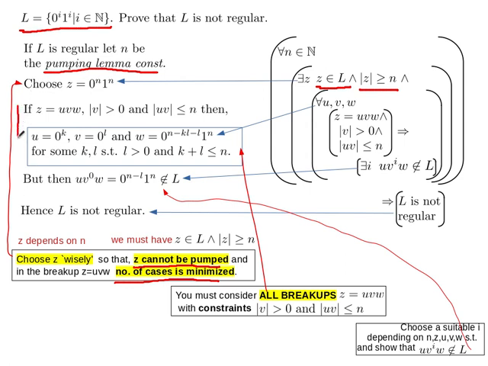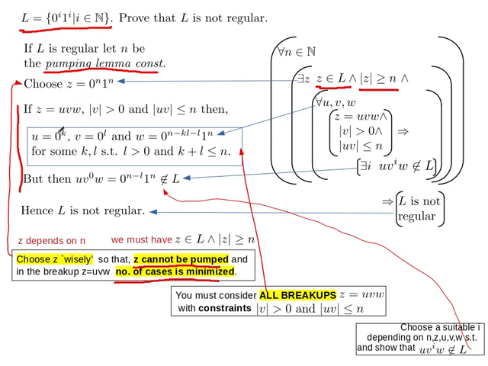So from here to here, it shows that Z cannot be pumped, and for that, as I said, we have to consider all breakups, right? All the breakups with these two constraints. And then what are all the possible breakups? Because UV together is of length at most N, UV both are contained in this part, the 0 to the N. So U consists of all zeros, V consists of all zeros.